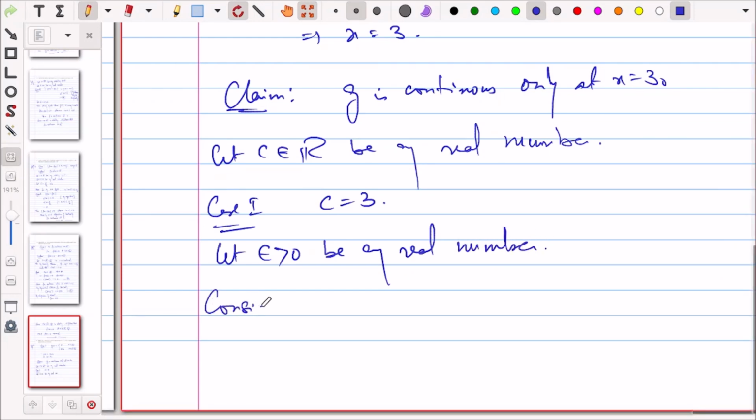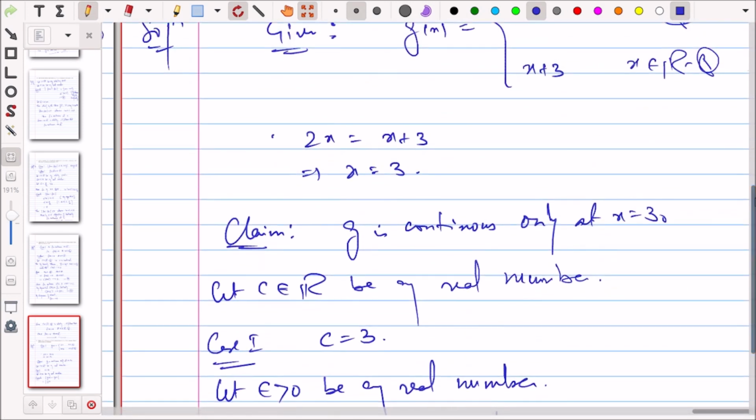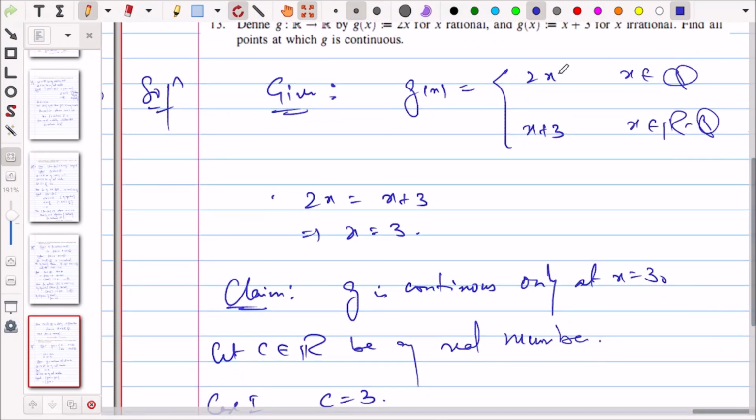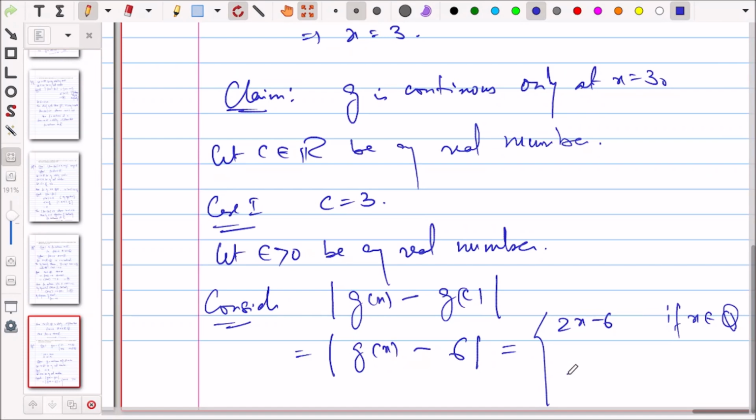So consider g(x) minus g(c). What you get when you put the value: x is 3, which is rational, so you get 6 here. So this is nothing but 2x minus 6 if x belongs to Q, and x plus 3 minus 6 if x belongs to Q complement.